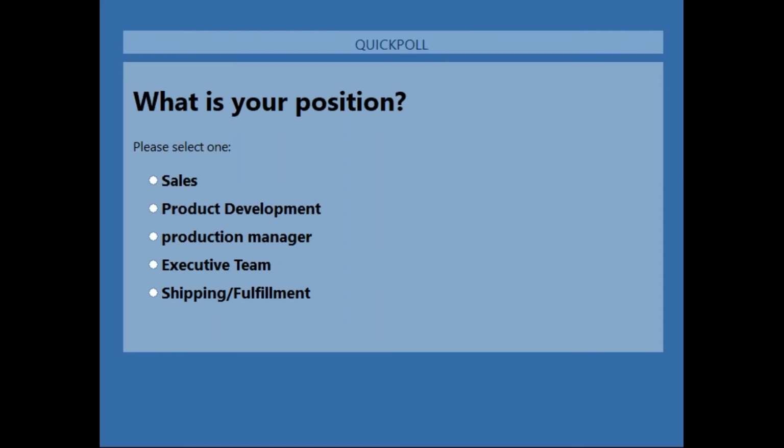So we'd love to hear more about where you fit in your company. And if you've got multiple people on the line, just choose whichever you feel like would be the best option there.